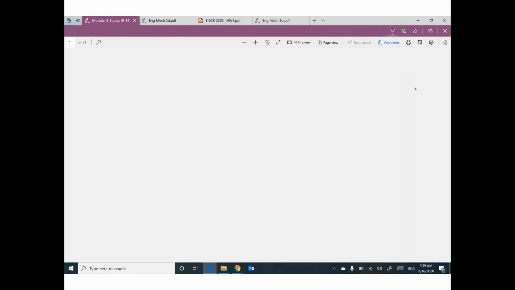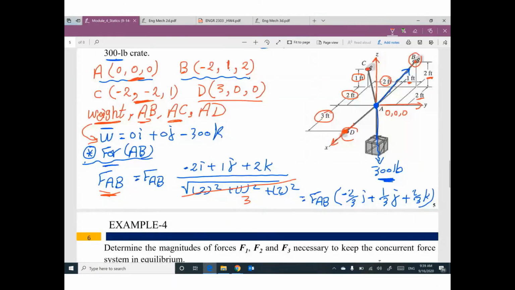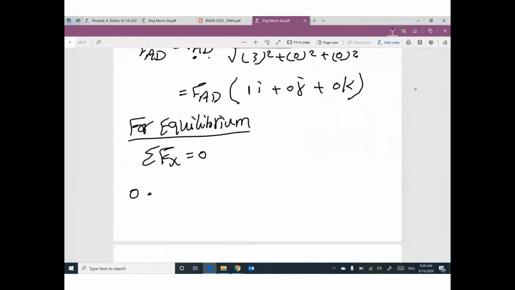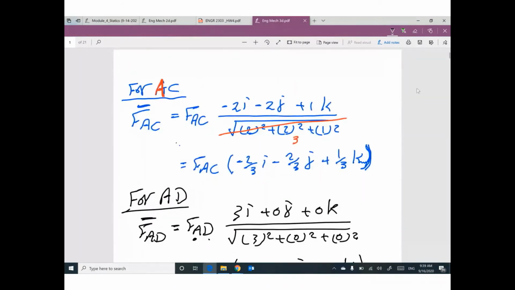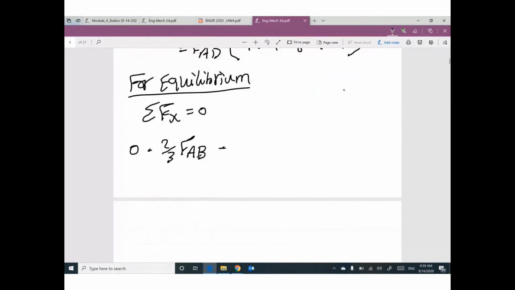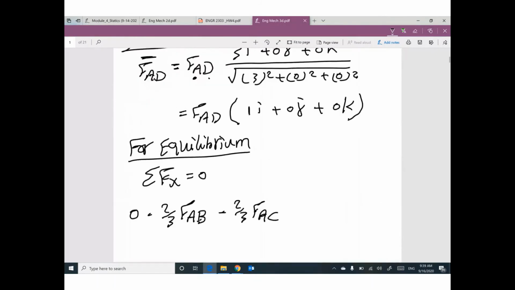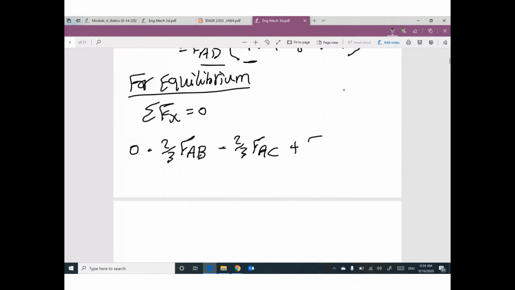X component here 0. X component here negative 2/3. So we have 0, negative 2/3 FAB. What else do you have here? Negative 2/3 FAC. What else? We have here +1 FAD equals 0.